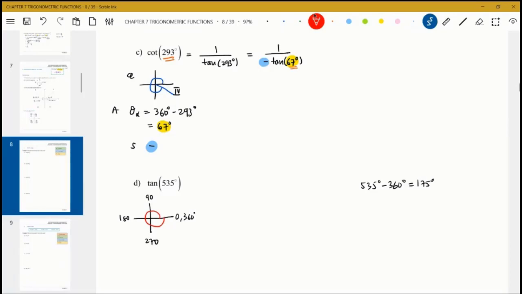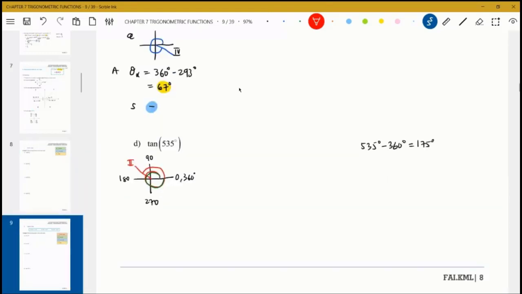175 lies on which quadrant? Satu ke dua? Second quadrant. So dia akan jatuh pada second quadrant di sini. Okay, so full rotation yang ini full rotation 360. Yang merah ni kita tambah sebanyak 175. So it lies on the second quadrant. Okay, second quadrant acute angle dia macam mana kita nak cari?